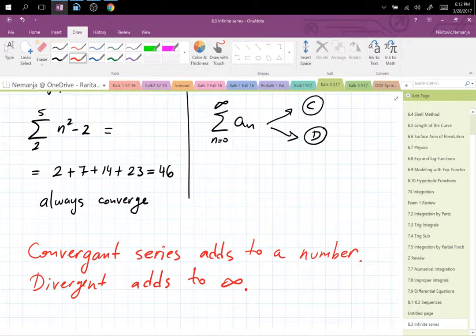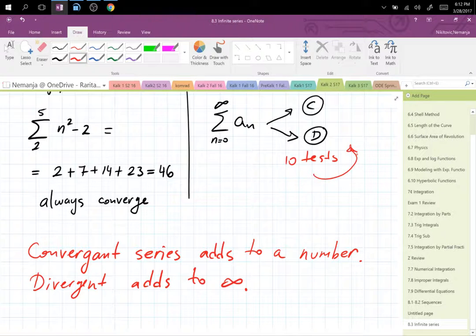Now we have 10 tests that will tell us whether the infinite series converge or diverge. Now, some of these tests will be able to tell us the sum, and those are the first 2 that we learn.